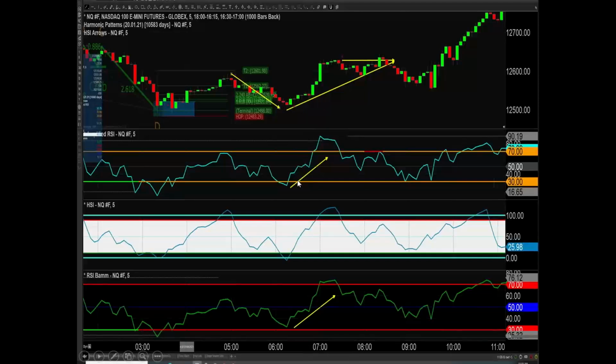Even at a minimum, if I'm targeting my retest to go to target 2 as the reversal minimum, all three indicators give us really nice construction.